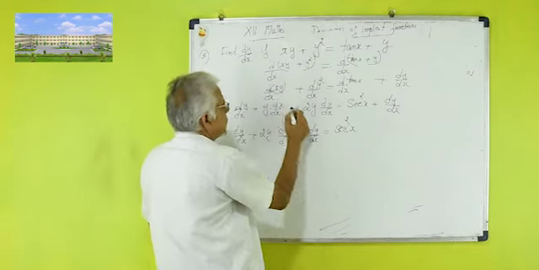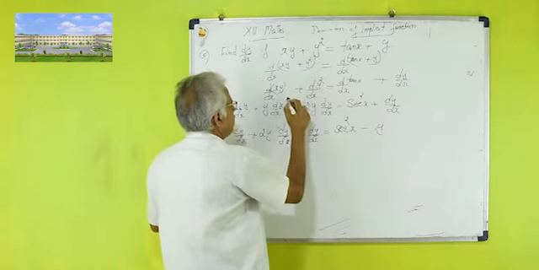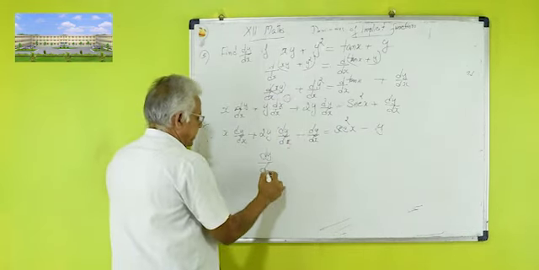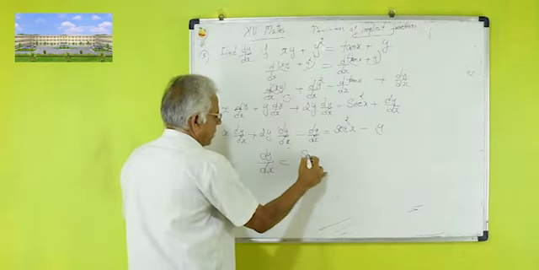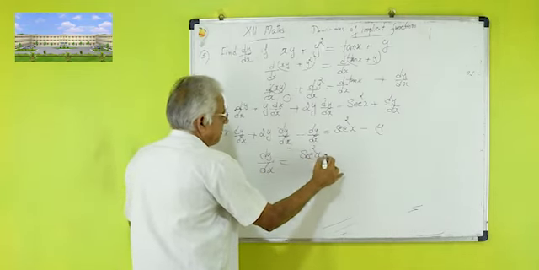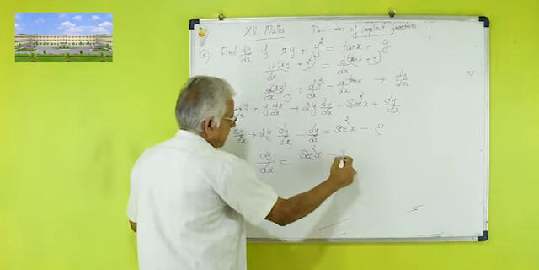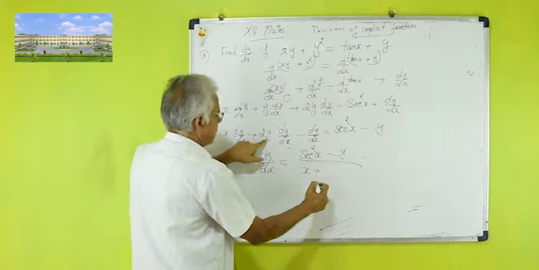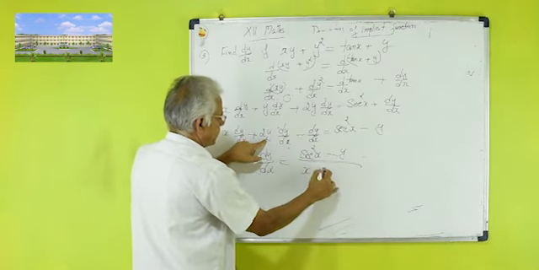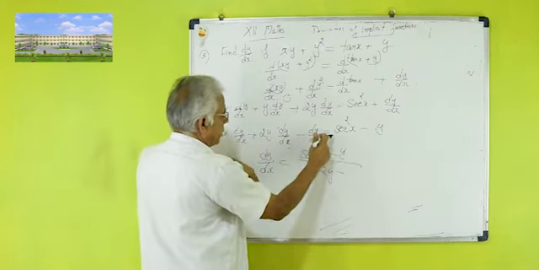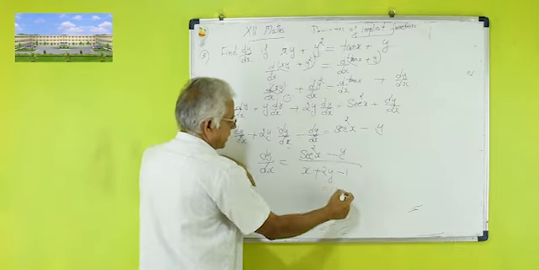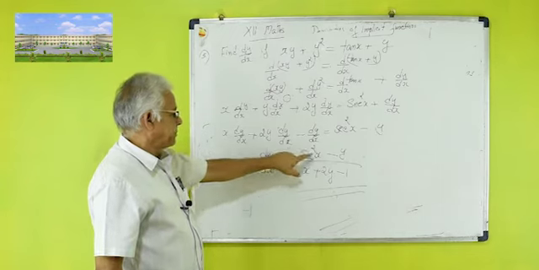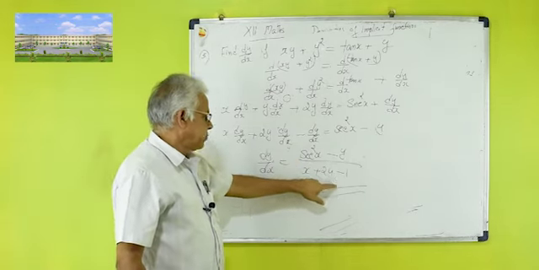So this is y into 1, that is minus y. Therefore dy by dx is equal to (sec² x minus y) divided by the coefficient: x plus 2y minus 1. So the answer is dy by dx equals (sec² x minus y) by (x plus 2y minus 1).